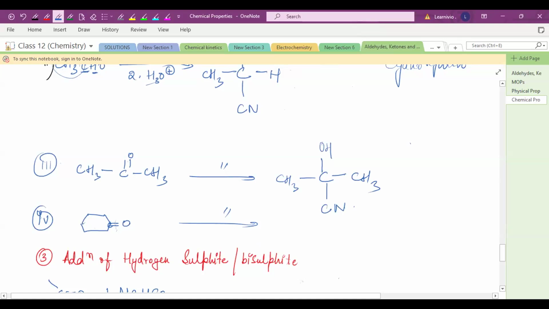Similarly, this one, this is the carbon and oxygen, cyclohexane. This oxygen will get converted into an OH group, and to the same carbon you will attach the CN group. So that is your cyanohydrin. Is it clear? Yes, ma'am.